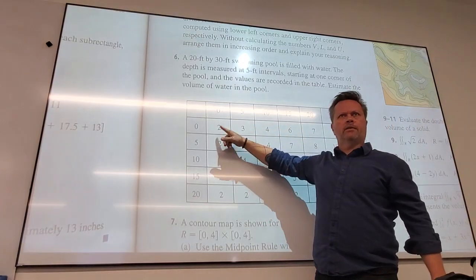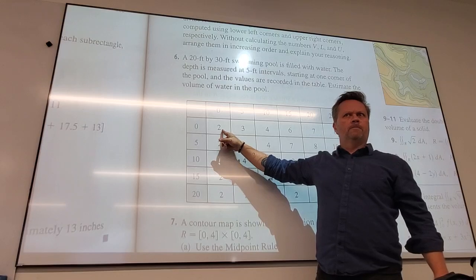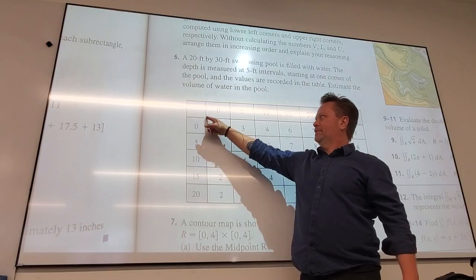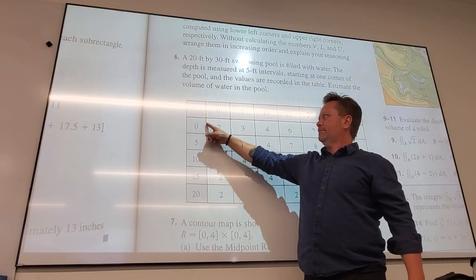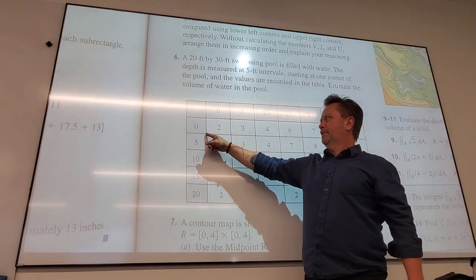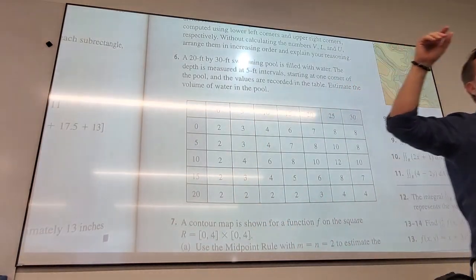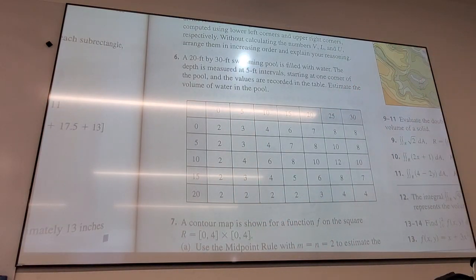Do you understand how that represents a rectangular solid? How wide is it? 5. And how long is it? 5. And how tall is it? 2. Yeah, so every one of those is a little rectangular solid. So could you get the volumes of each of those? And then to estimate the volume in the pool itself, you would just add them all up.